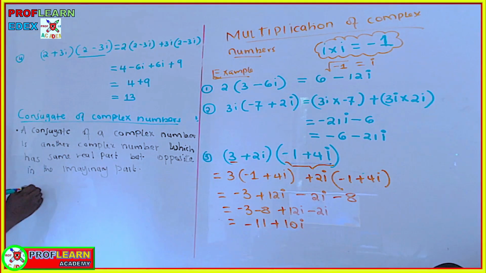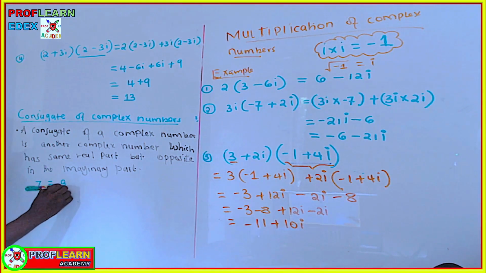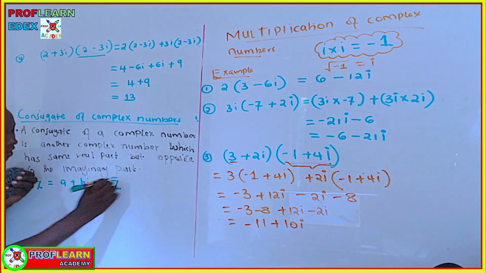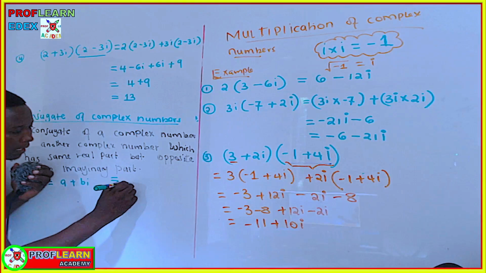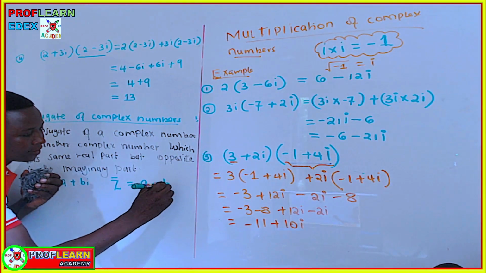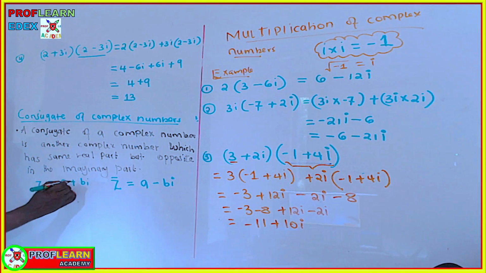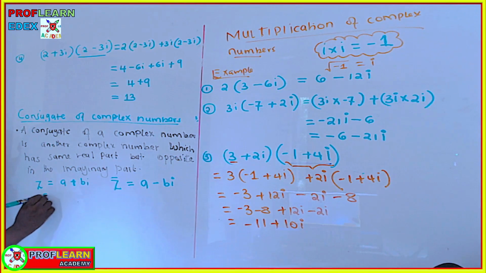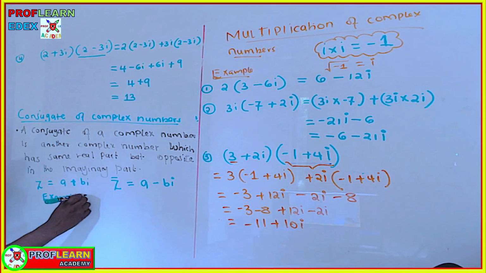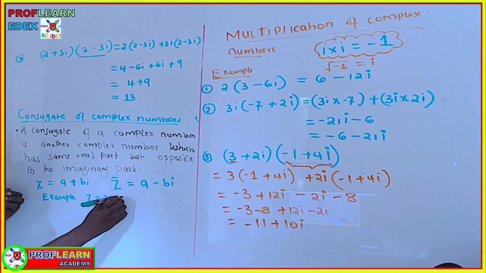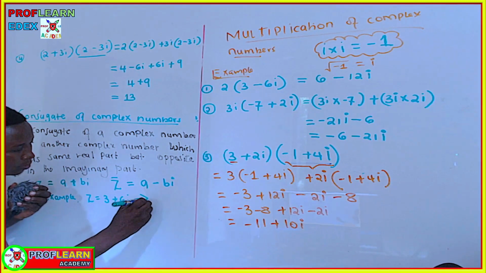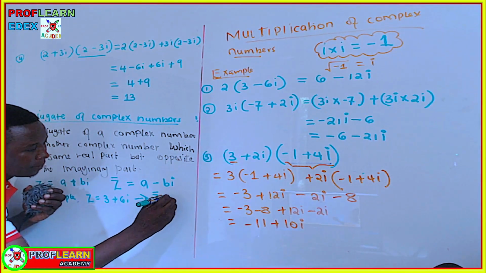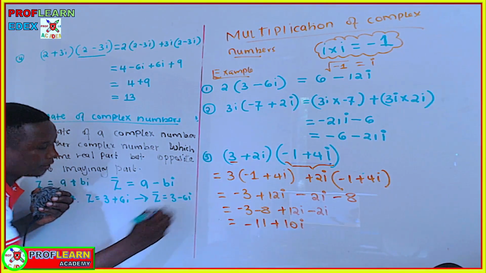So for instance, if Z is a complex number, which is a plus bi, the conjugate is denoted by this symbol, and that's going to be a minus bi. The only thing that is different is the sign that we have there. As an example, Z equals 3 plus 6i, its conjugate is going to be 3 minus 6i.